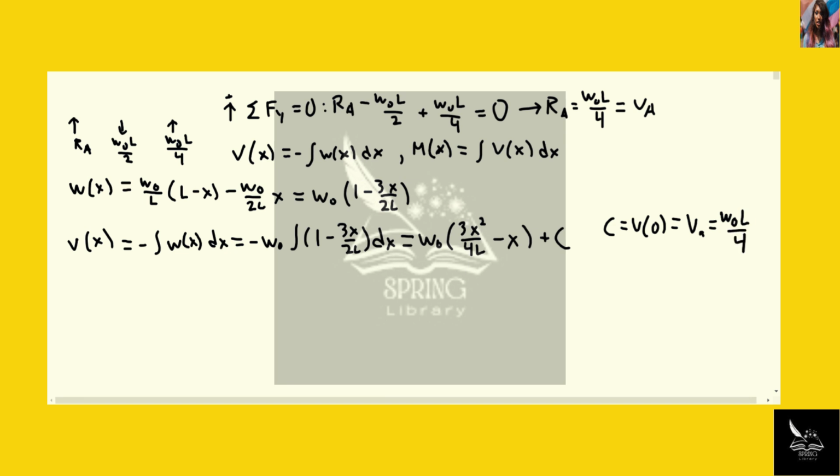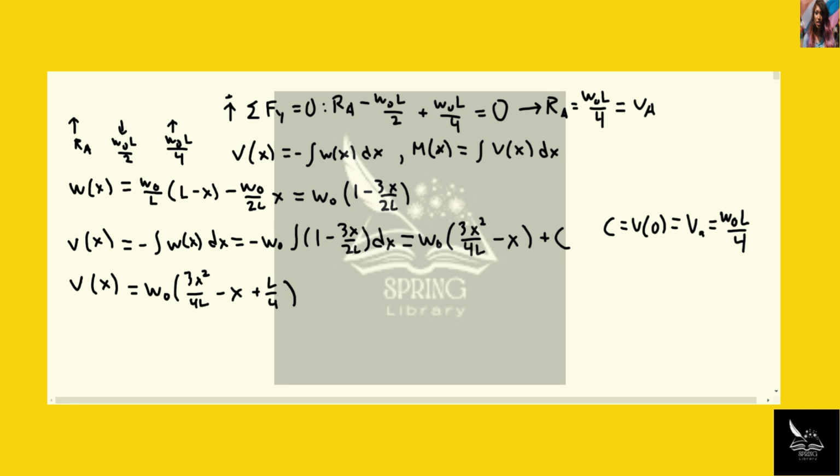Okay, so we can write our V of x as the expression W0 times 3x squared over 4L minus x plus L over 4.